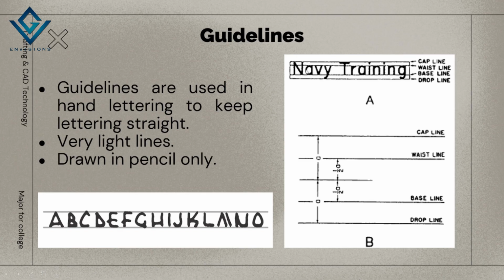But if you are writing small letters, make sure that you start at the waistline and end at the baseline. The drop line is only used by small letters like g, y, p, q, and those with a tail. So this is how you write using the proper guidelines.